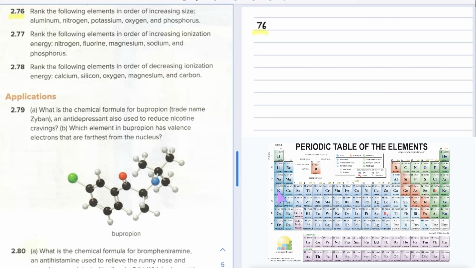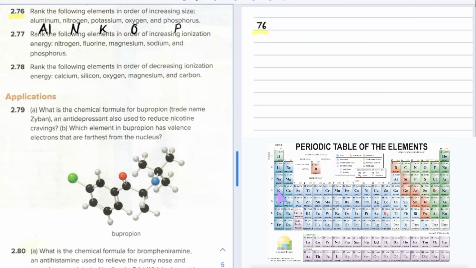So I'm going to put, if you want to know the abbreviations, potassium is K, oxygen is O, phosphorus is P, nitrogen is N, and aluminum is Al.